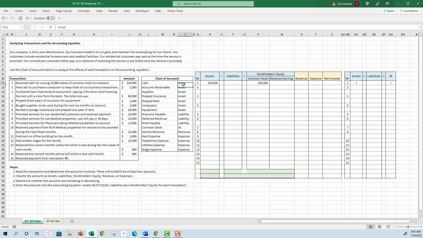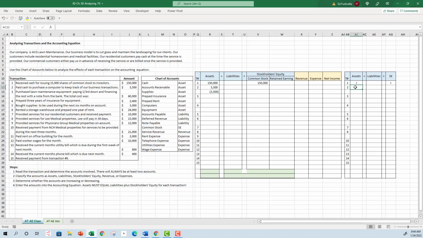In the case of the cash asset, the asset is decreasing because we're paying cash out. So on our accounting equation, we have $3,500 increasing and $3,500 decreasing in the asset column. We've had an asset increase and an asset decrease.